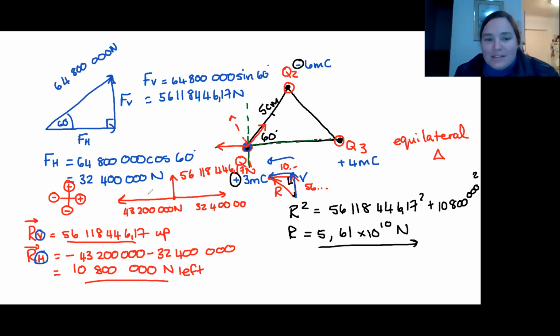So this is the negative direction, you're 100% correct, and this is the positive direction. I called it a minus, but I made it a plus. Then this came out negative, but instead of leaving the negative in there, I said towards the left. So I got rid of the direction here by just putting in the direction it went and making sure that it matched up with my picture.